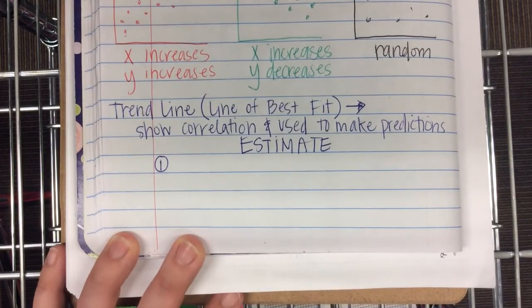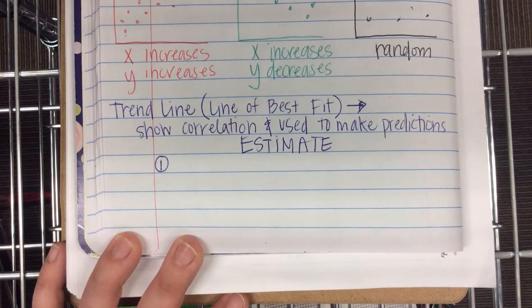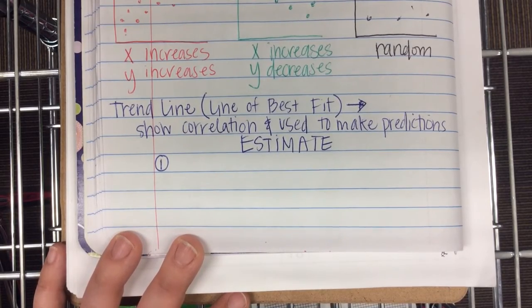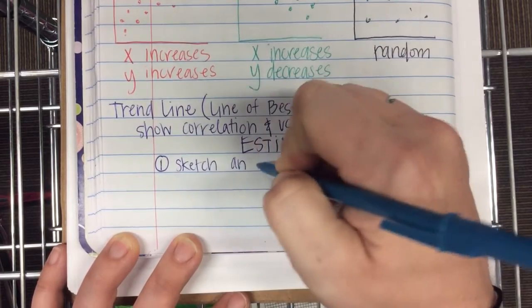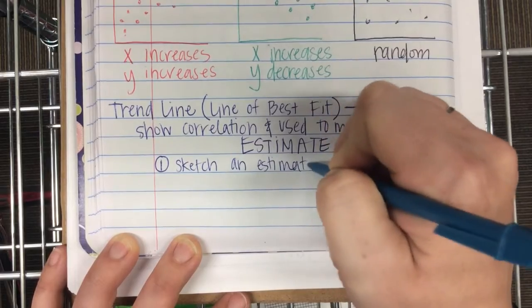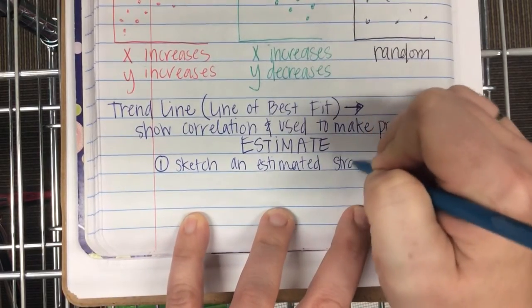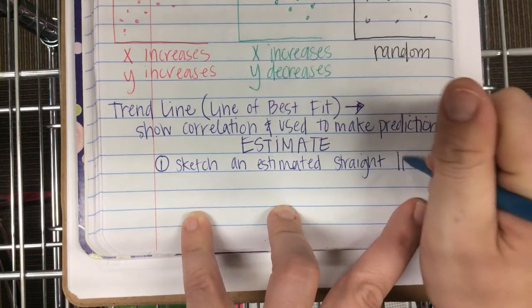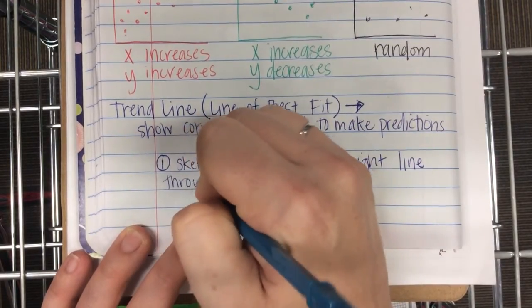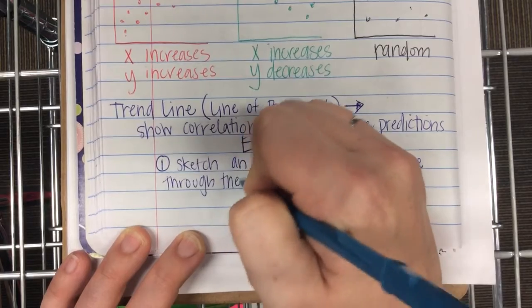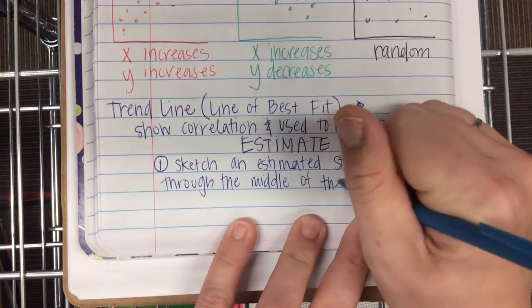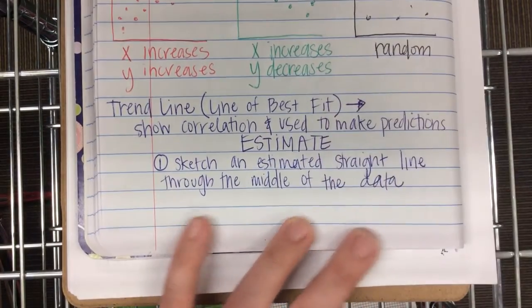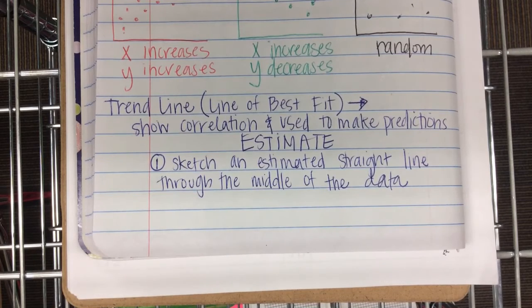So to create and write the equation of a trend line or a line of best fit or whatever you want to call it, the first thing you do is sketch an estimated straight line through the middle of the data.